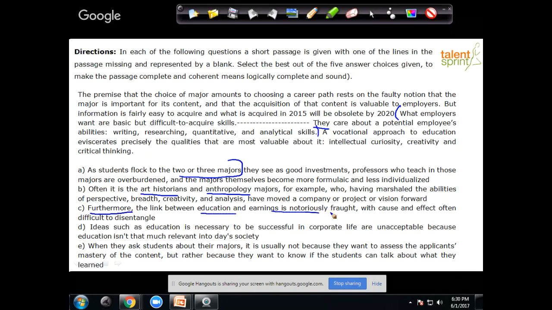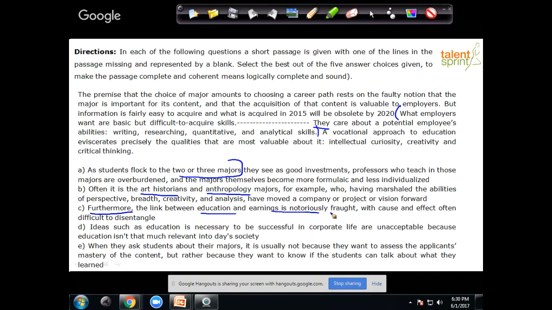D. Ideas such as education is necessary to be successful in corporate life are unacceptable because education isn't that relevant in today's society. Deepak and Tungla, I want you to pay attention to D. D is contradicting the entire passage, the crux of the passage. How can you say it's D?